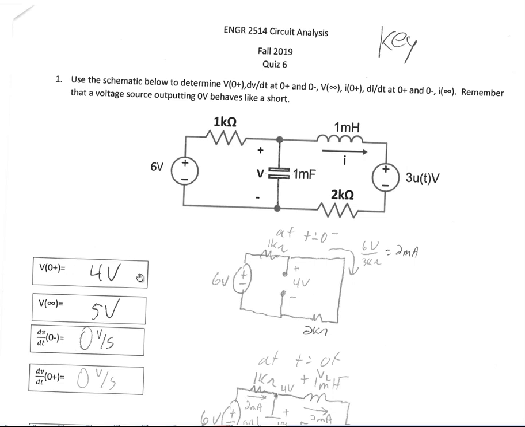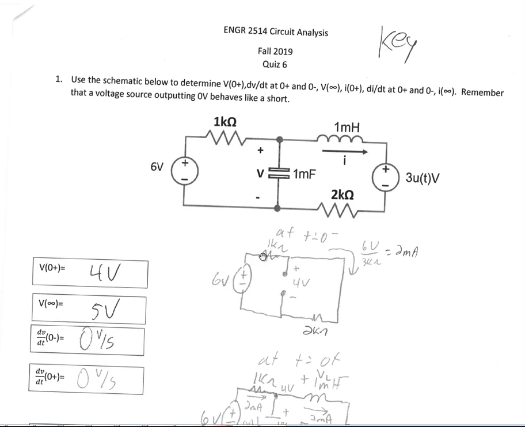We can also look at this initial current right here and realize, well, this just now looks like one big loop. And so that one big loop has a 6-volt source and a combined 3 kilo ohms of resistance. So if we just take 6 volts divided by the combined 3 kilo ohms, that means we've got 2 milliamps running through this loop.